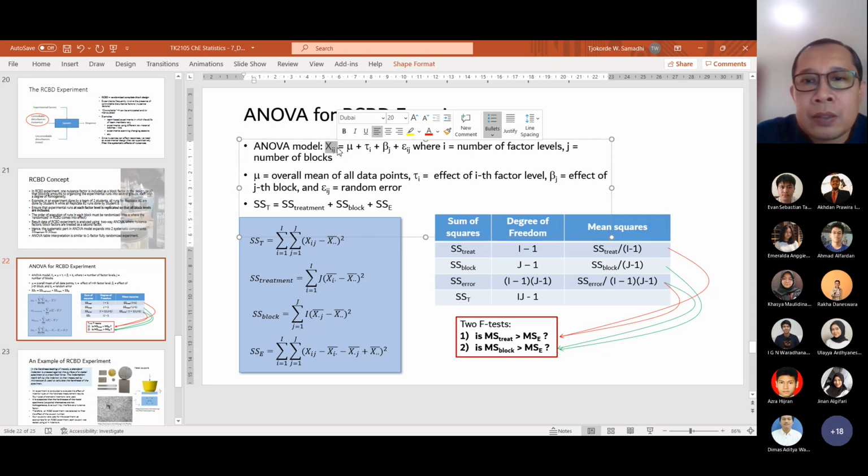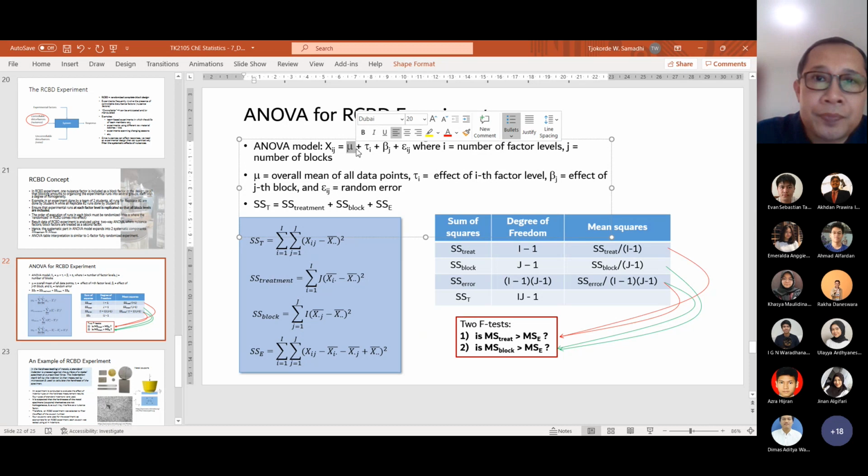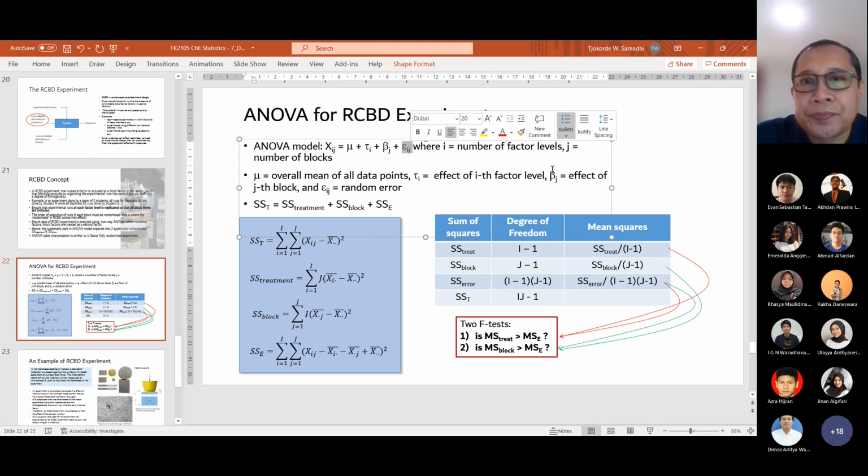So each of these measurement data can be represented as a sum of, again, the global average plus treatment level effect plus block level effect, beta sub j. So beta sub j is the block effect. And as usual, it ends with epsilon, the random error.